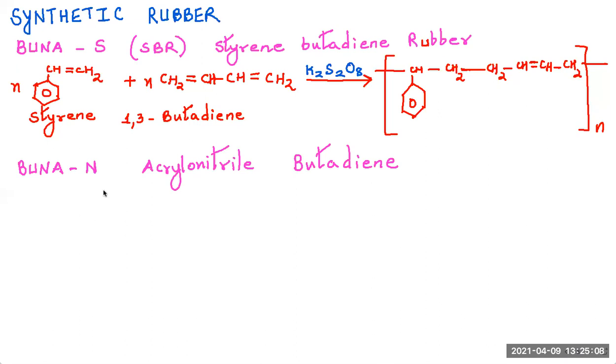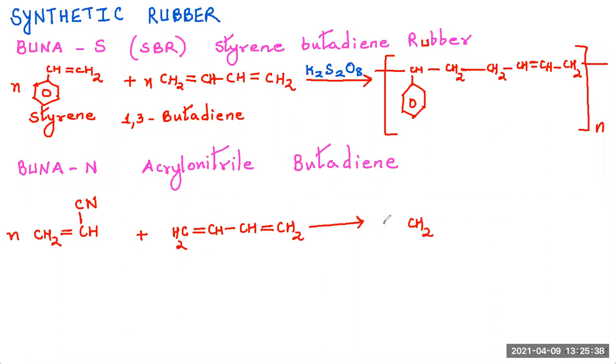Shall we write? Yes or no? This is acrylonitrile, n monomers, and this is 1,3-butadiene. And now I am making it CH2.